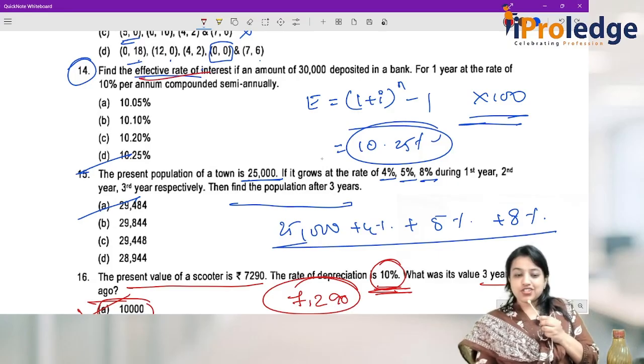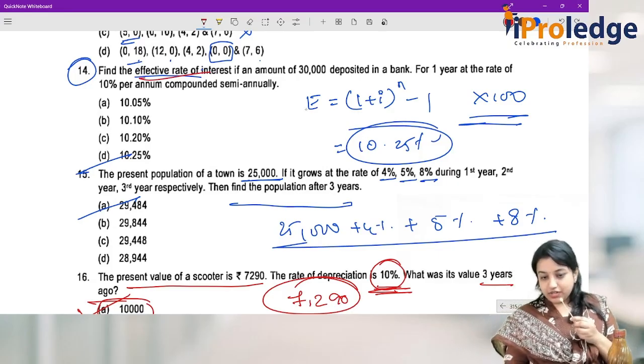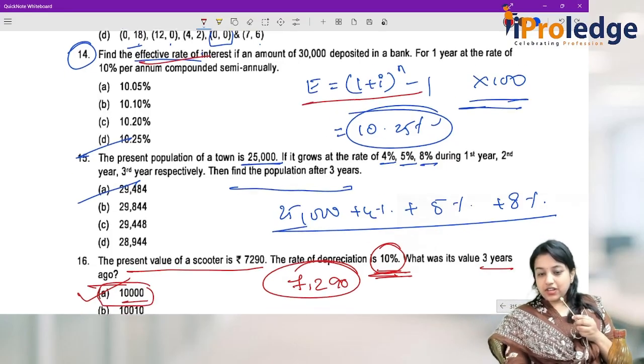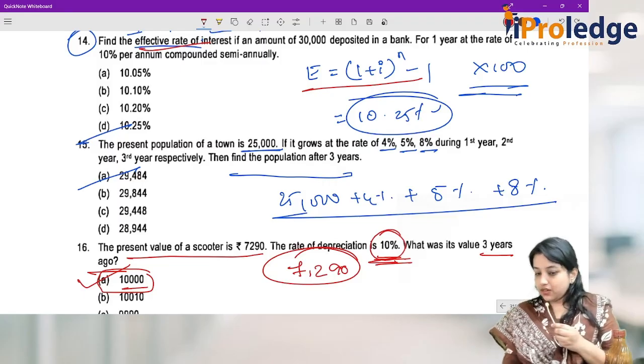Effective rate of interest in compound interest has a formula. It is E equals (1 plus i) whole power n minus 1.